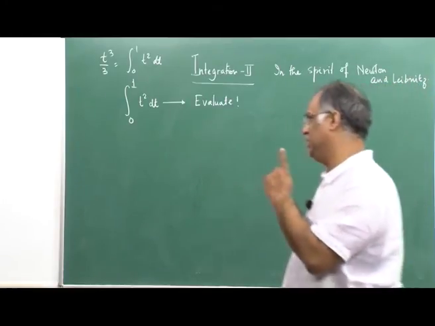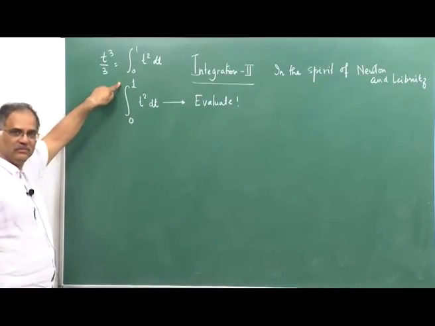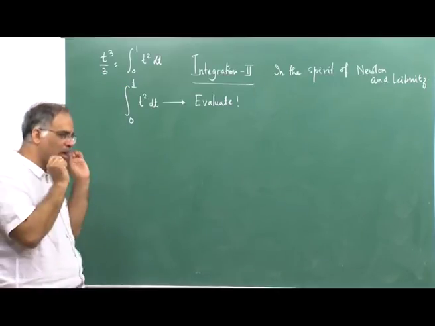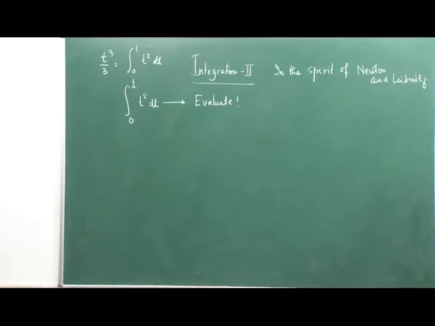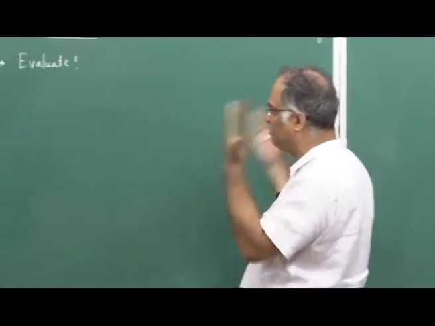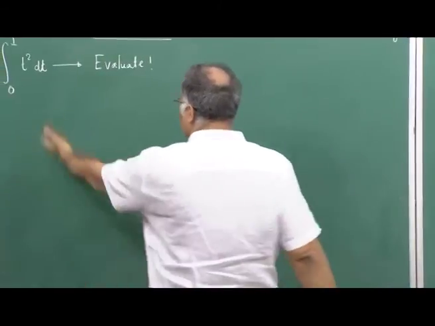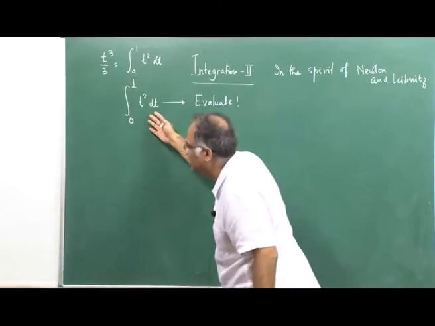Please understand that we have not yet introduced the antiderivative. We have not introduced many other things. We are in a primitive state of affairs, possibly in that very old classical setup, where we are simply saying that this is a number, this is an area, and this is just a symbol of that number.